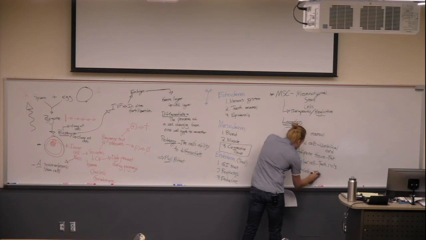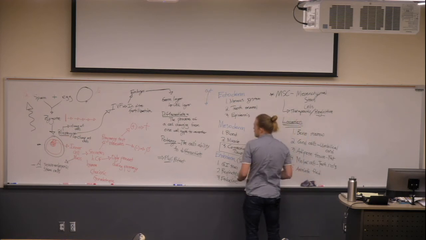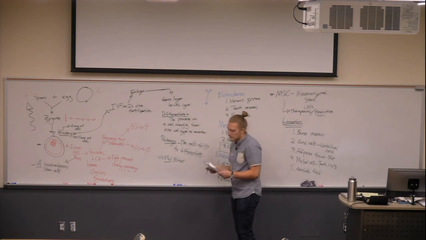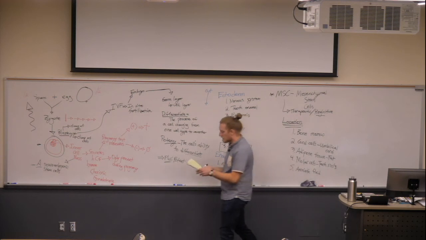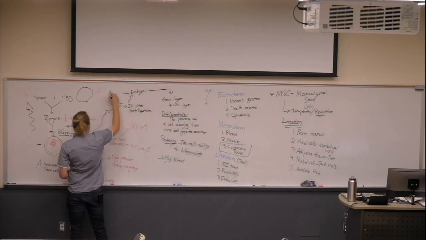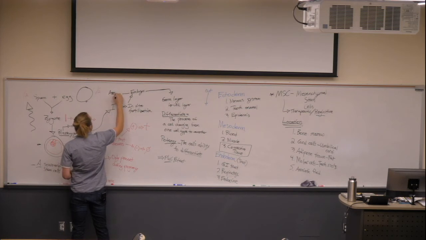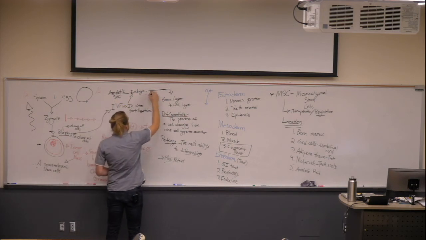Now you might ask, where did that come from? Good question. I can actually add it onto here. It's another piece of the embryo. So the embryo would also include the amniotic sac and the placenta.